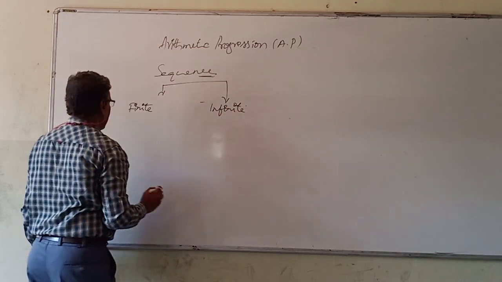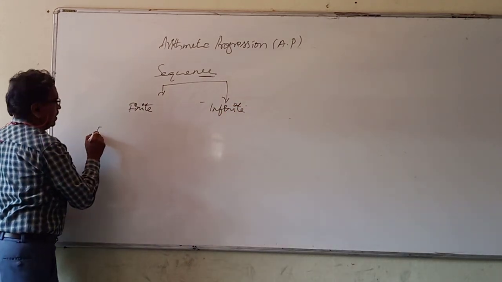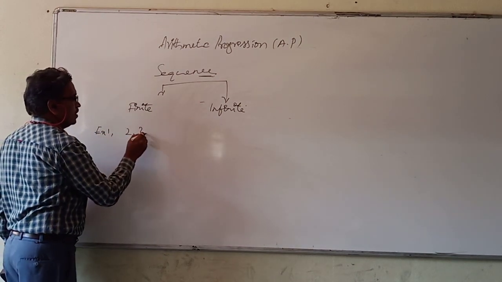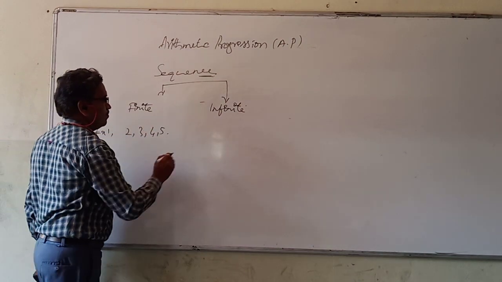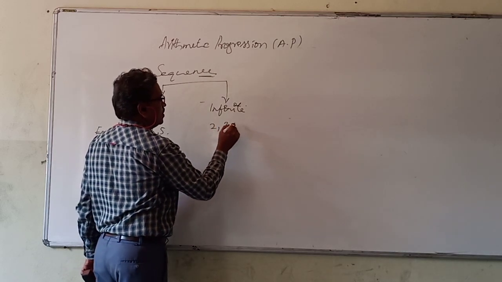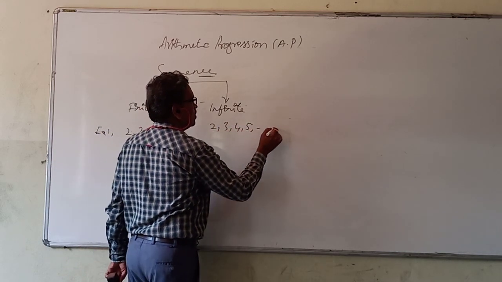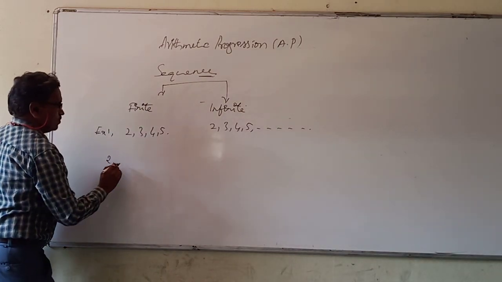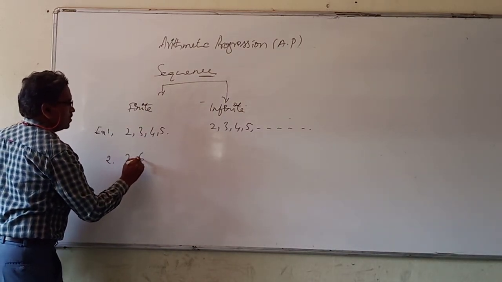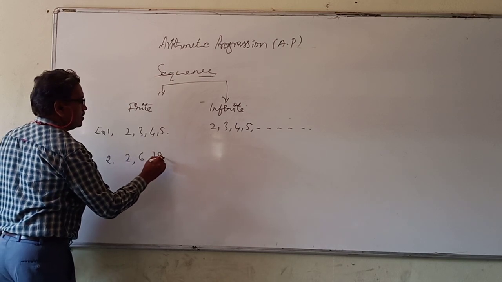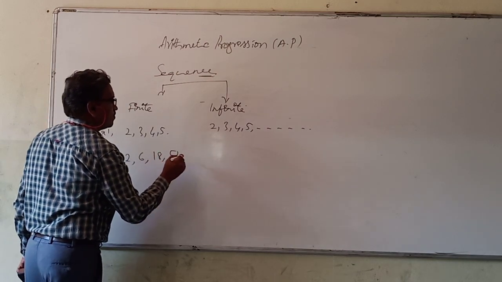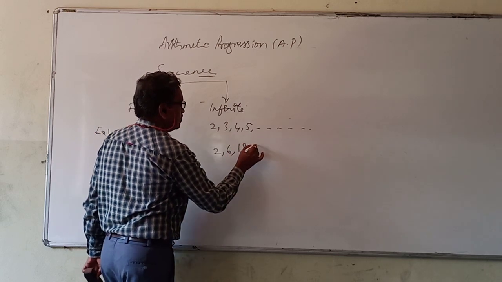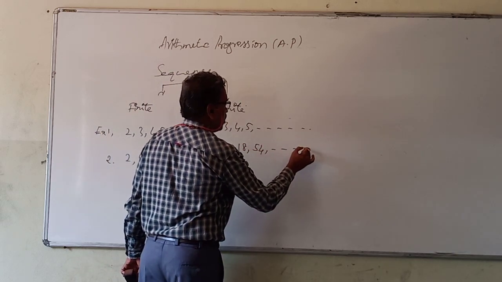Just for example, example number 1: 2, 3, 4, 5 and so on. And example number 2: 2, 6, 18, 54 and so on.